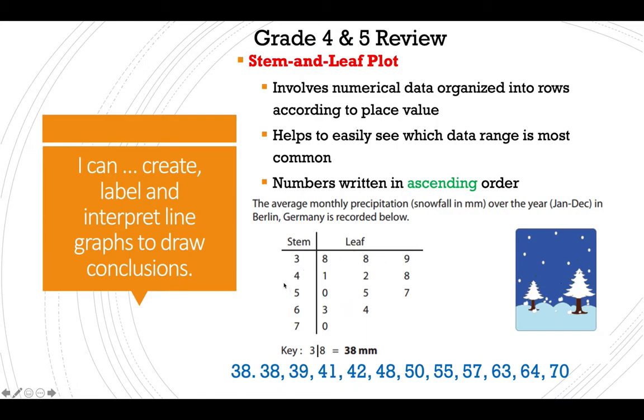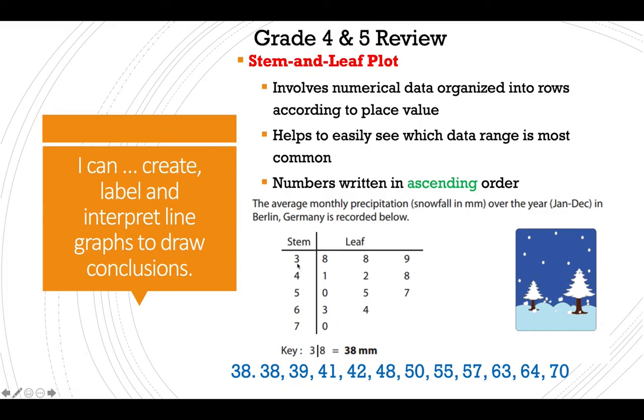What was it in the 40s? It also helps us see what range is most common. We see there's quite a bit in the 30 to 50 range, right? Not as much in the 60s, very little in the 70s, and none in the 20s, I guess, right? So that means that's a lot of snowfall.